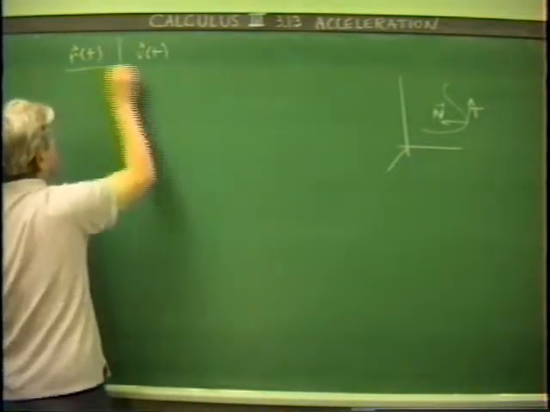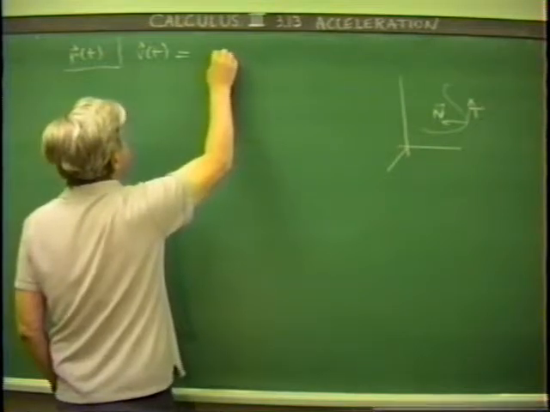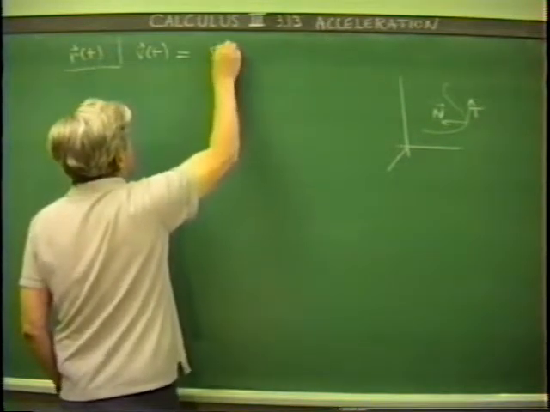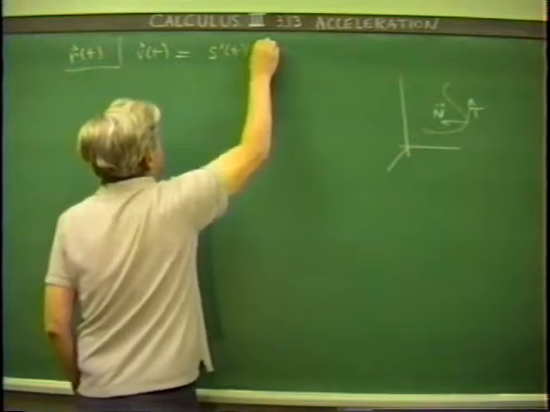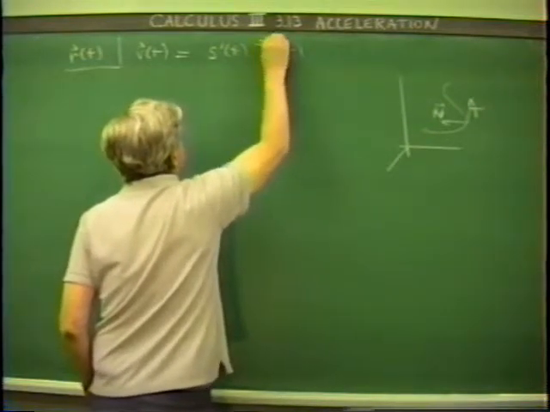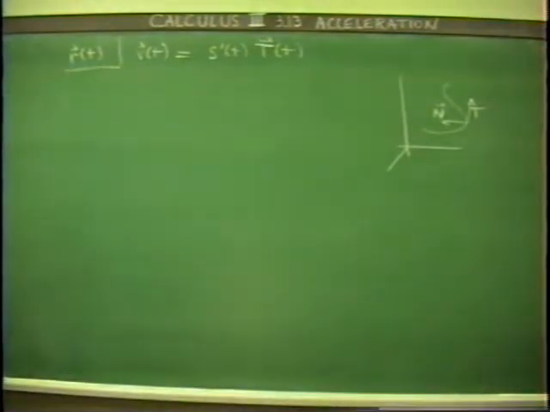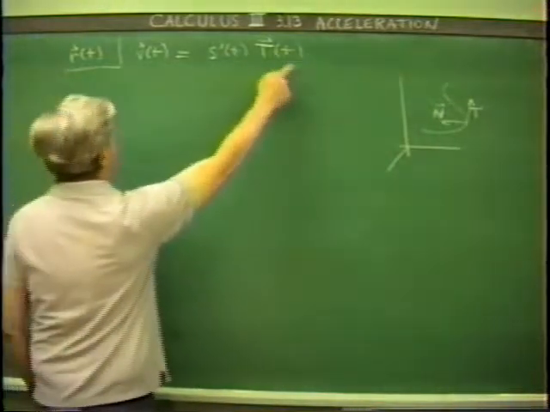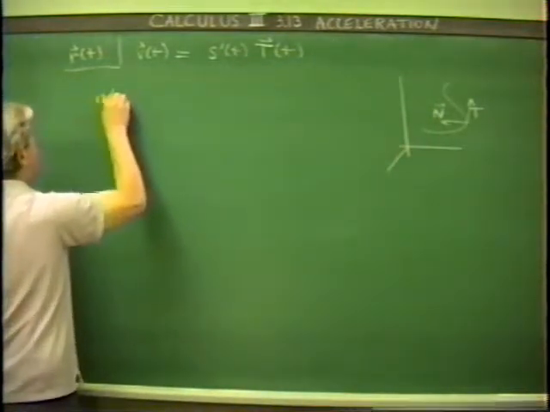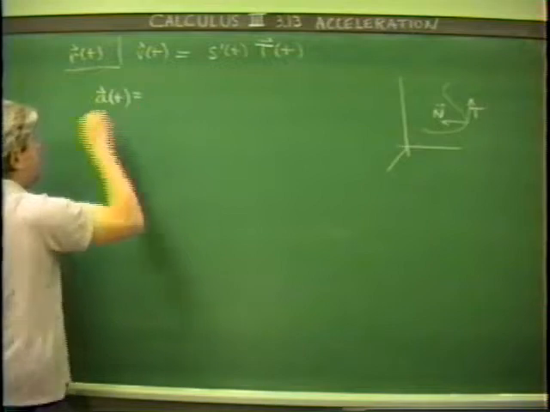Let's consider r of t first of all, and v of t. Now we can write v of t as s prime of t times T of t, where T is the unit tangent vector.